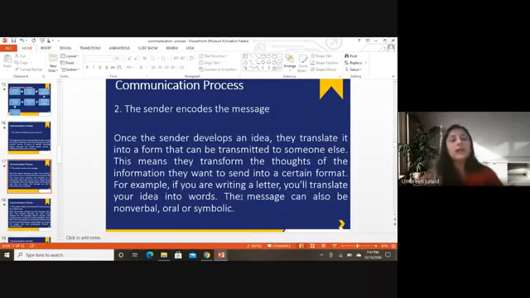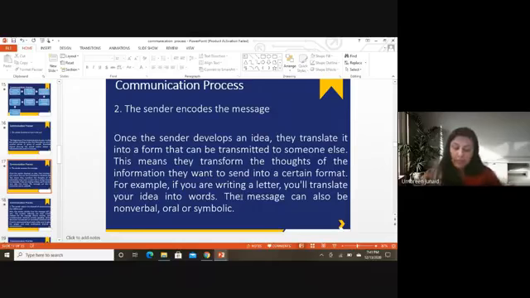Then you will be thinking of how to transmit that. Either a phone call, which means you are orally encoding your message, or through an email, through a letter, through an application. This is written. Your message is written.